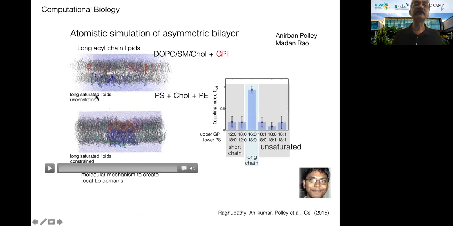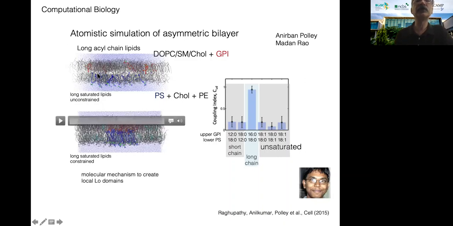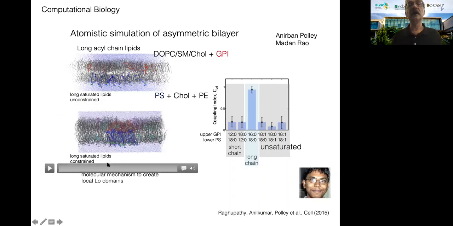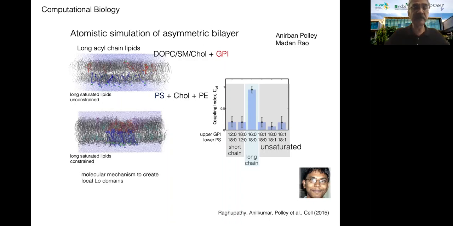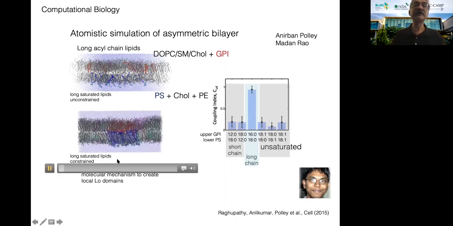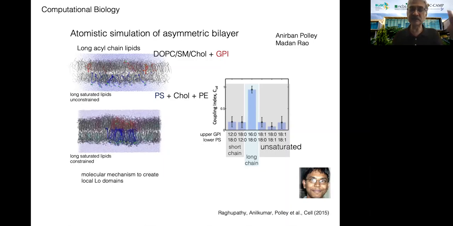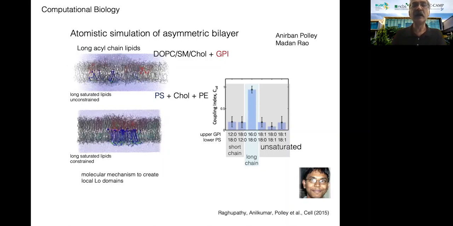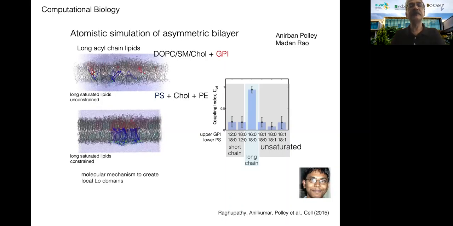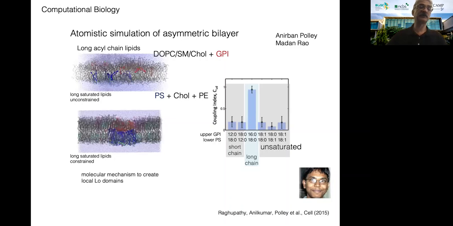And now, using atomistic simulations, Madan's group and Anirban Poli working in his group showed that if you simulated these systems, we could in fact find that even in homogeneous mixed membranes, if you begin to trap these lipids in one region, somehow, maybe by using this actomyosin machinery, one will then be able to trap lipids in the outer leaflet, even under conditions where these bilayers are in a homogeneous mixed phase.